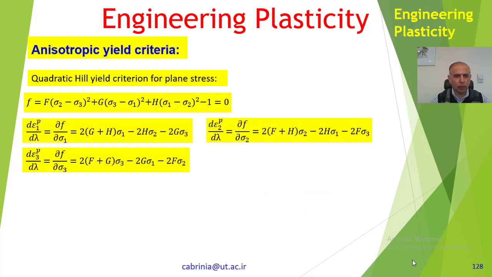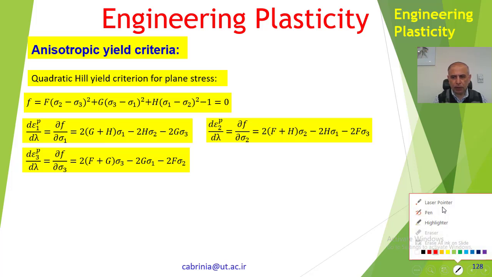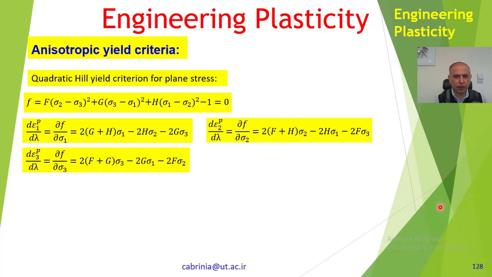Continuing with our quadratic Hill yield criteria for the anisotropic yield criteria, we are going to examine the plane stress case. Here I have given the general equations for the three-dimensional case, which we derived in the previous part.